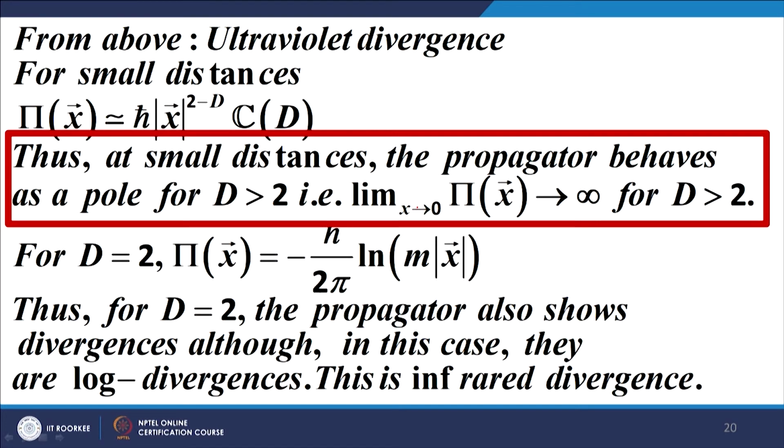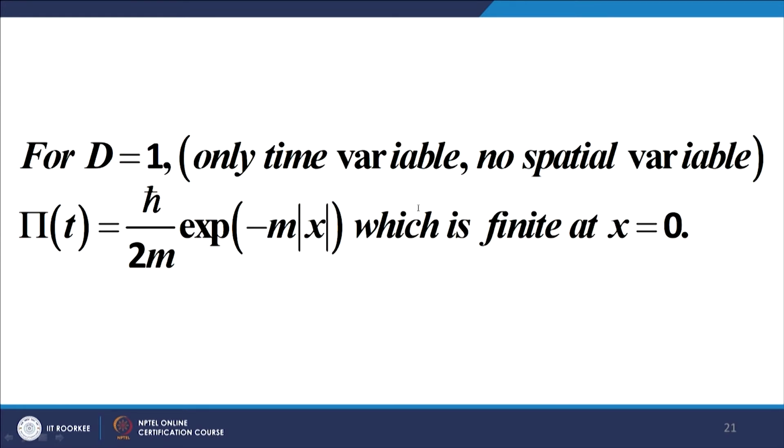What happens for d equal to 2? For d equal to 2, the propagator is given by this expression, minus h bar upon 2 pi log of m mod x. Here again we encounter divergences as x tends to 0. The divergence in this case is a logarithmic divergence, and this is called infrared divergence. The previous divergences for dimensions of 3 and greater than 3 are usually called ultraviolet divergences.